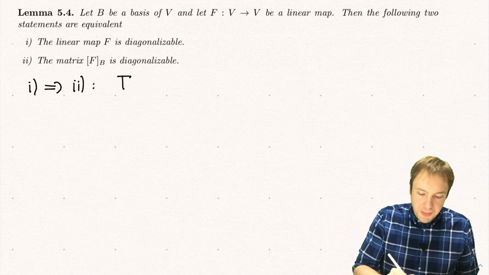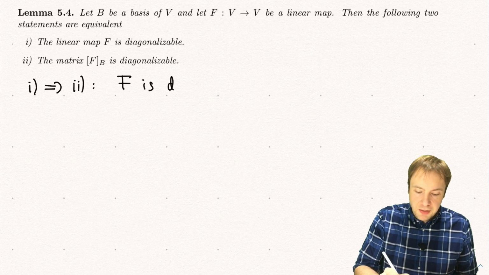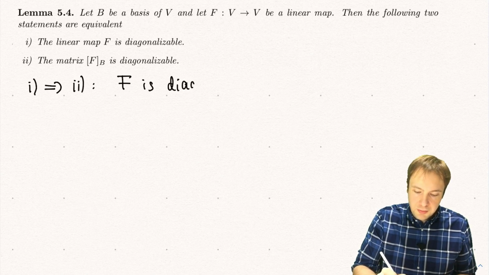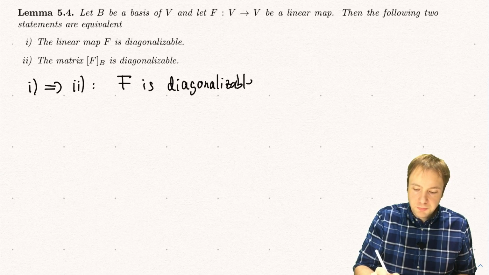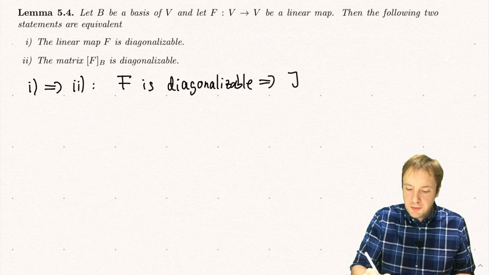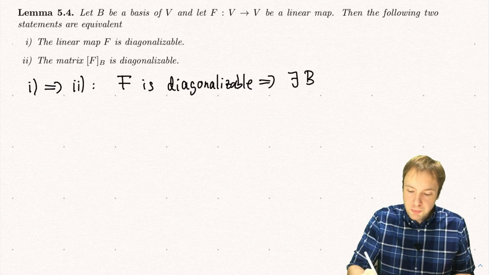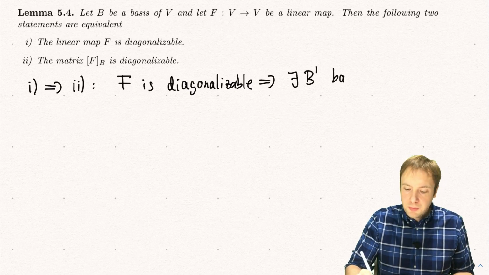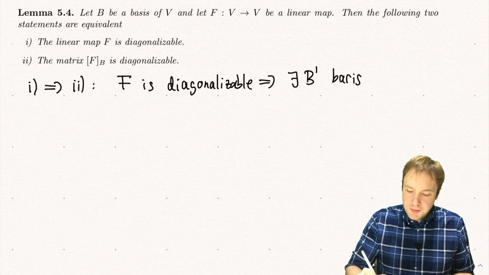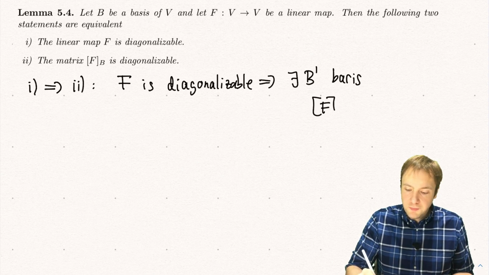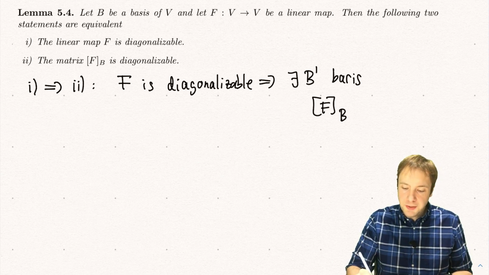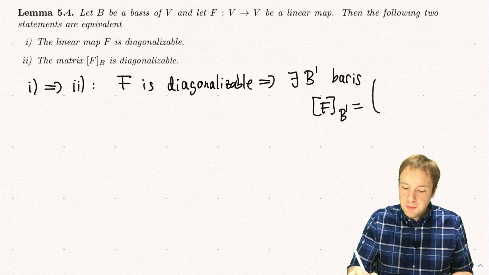So if F is diagonalizable, this means we can find a basis, let's call it B prime, such that the matrix of this linear map F with respect to this basis has a diagonal form.